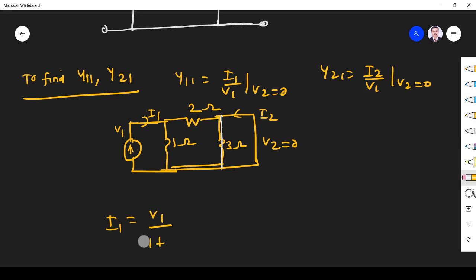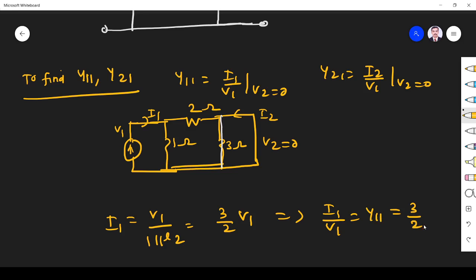This 1 ohm and 2 ohm will be in parallel. So 1 ohm parallel 2 ohm is nothing but 2 by 3. So it is 3 by 2 V1. This implies I1 by V1, that is Y11, is equal to 3 by 2.